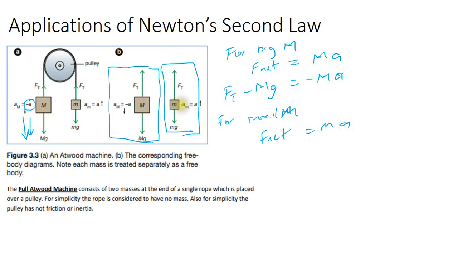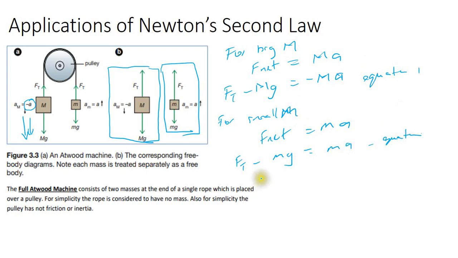Because the tension force is acting upwards, we associate that as our positive. So we'll say Ft minus mg, because mg is acting down, we treat that as negative, and this is equal to m times a. Now, in order for us to find the equation, we have to subtract these equations. So we call this equation 1, and we call this equation 2.